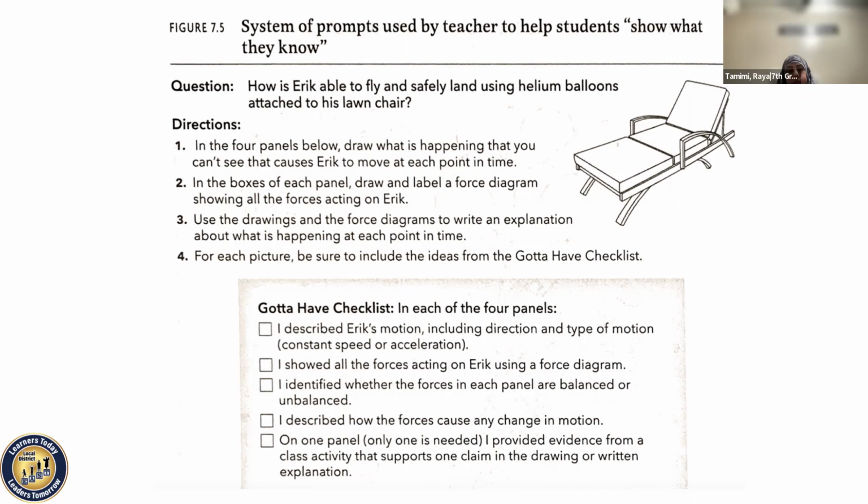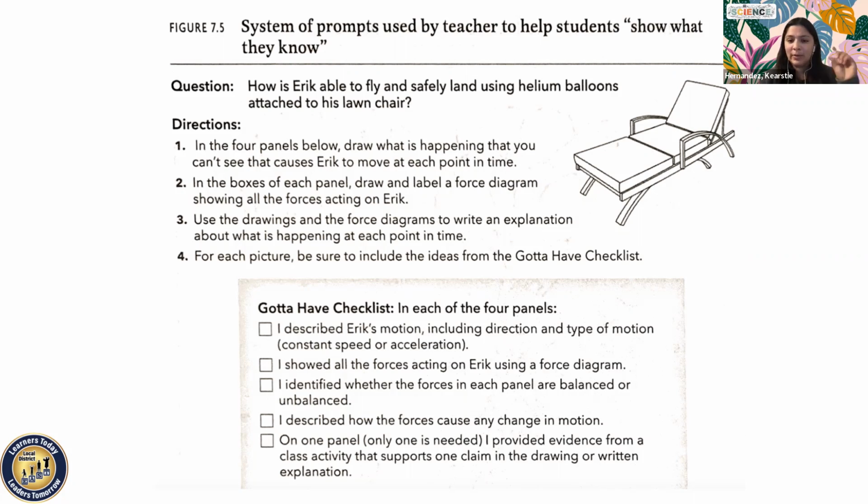Anyone else? The differences? Any thoughts on that? All right. Well, one thing I want to point out is a huge difference between, again, the gotta have checklist and the rubric is that the gotta have checklist allows for misconceptions to present themselves.